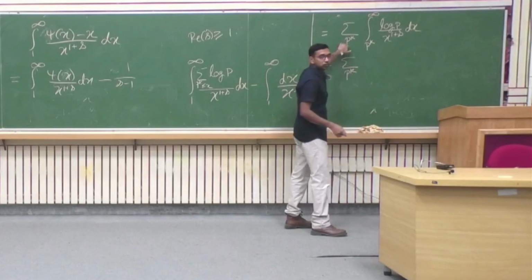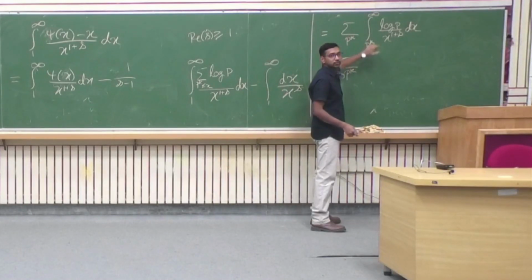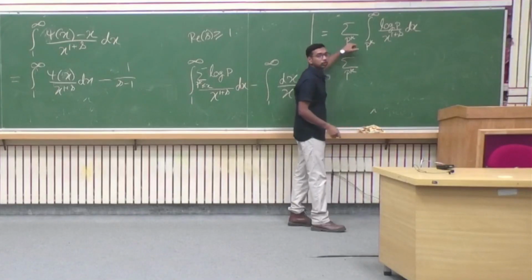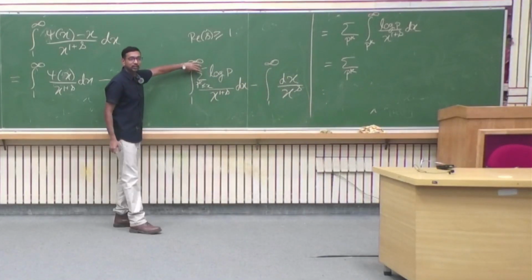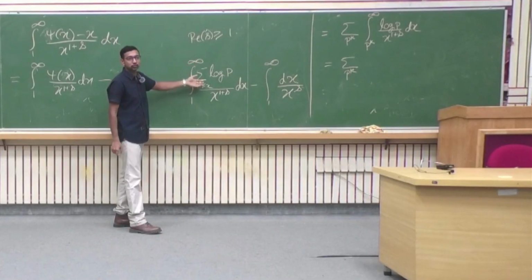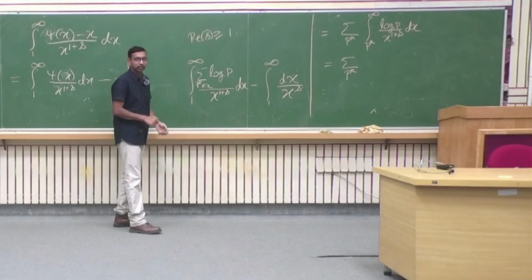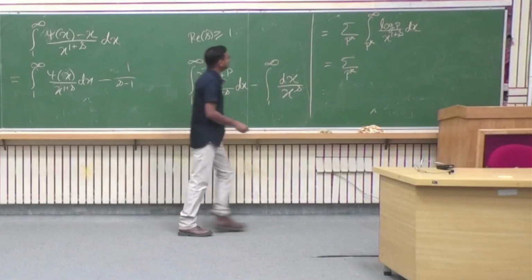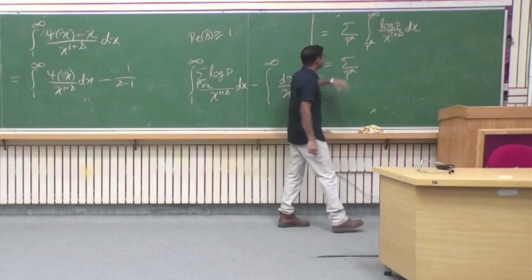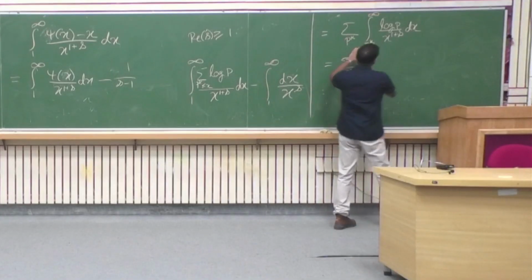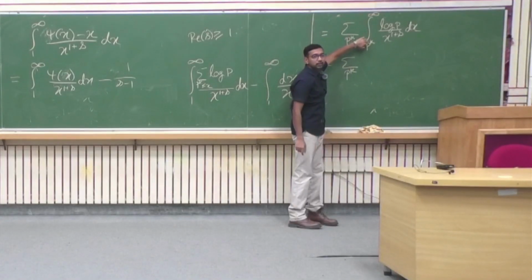No, you are summing over p^k, and in the integration the k is fixed, right? Because now you are summing over all the prime powers. You switch the sum and the integral here, and that you can do because of the absolute convergence of the integral. Now this p^k is over all the prime powers, and for each prime power this p^k is fixed, right?